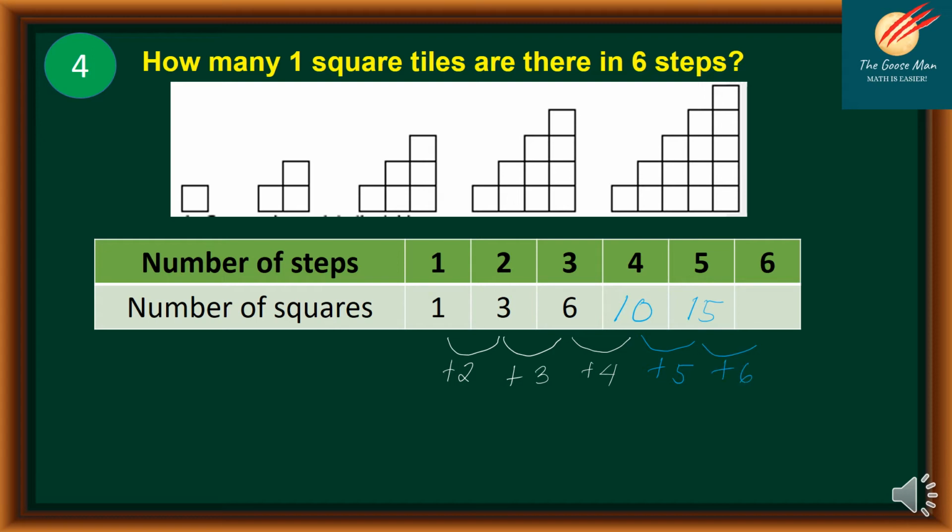So we have 15 plus 6, so the answer is equal to 21. So we will write 21 here. So the answer for the 6 steps: there are 21 one-square tiles in 6 steps. So that ends our discussion on illustration of quadratic equations.